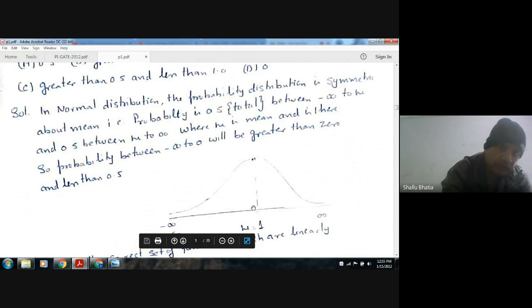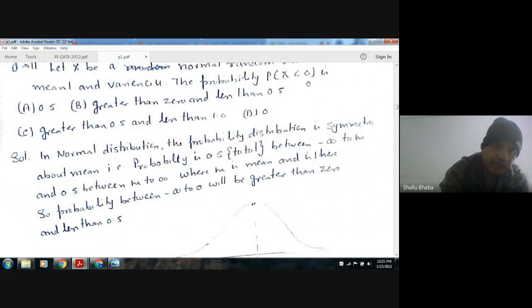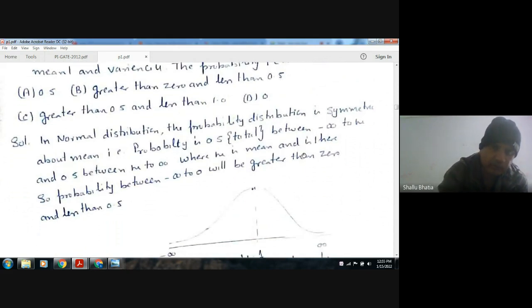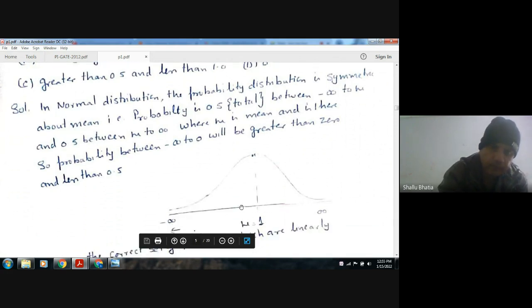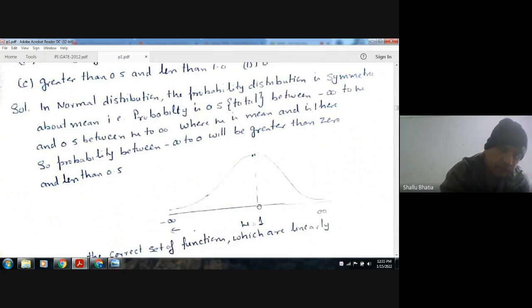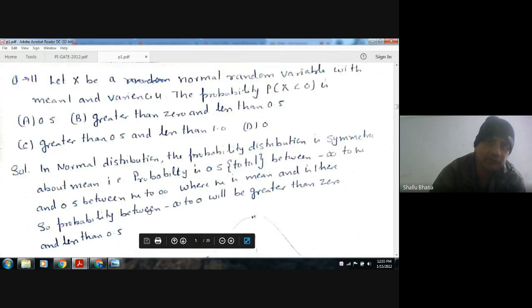So the probability will be 0.5 from 1 to minus infinity in this direction, and 1 to plus infinity in this direction. Here it is asked that probability X less than 0, so X equals 0 will lie somewhere here, and here the mean is 1. From the mean to minus infinity the probability is 0.5, but from 0 to minus infinity it will be less than 0.5, though it will have some value. So answer is B.